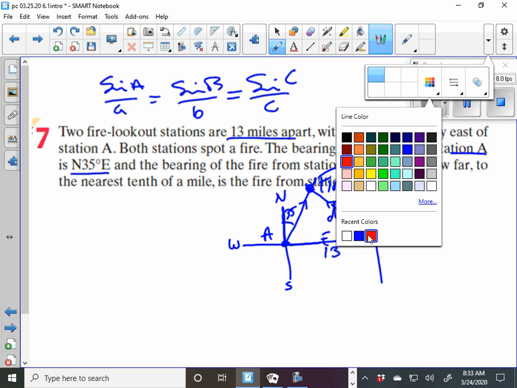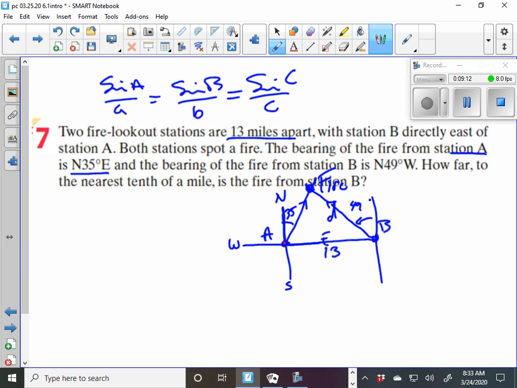If A is 35, we don't want that one. We want this one. Remember, we're looking for D here. So for B, this angle here, 90 minus 49 makes that 41 degrees, right?